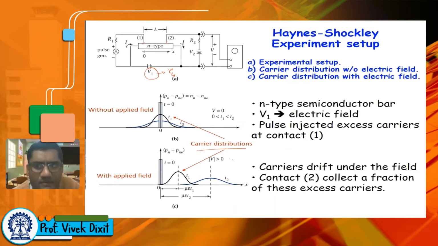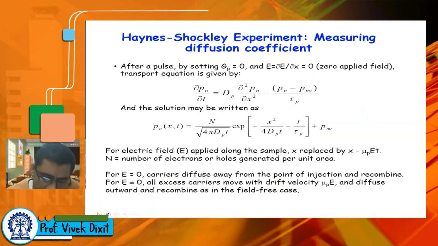So if you look at the minority carrier diffusion equation, and if we simplify it, dp by dt is the derivative of the current minus recombination plus generation, right?